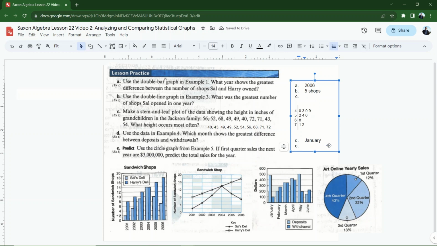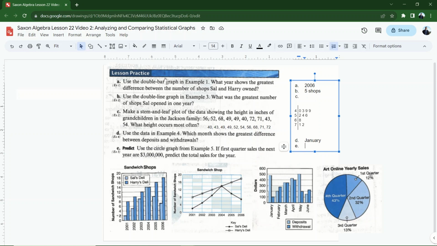And then lastly, this one's the hard one. Use the circle graph from example 5, this graph right here. If the first quarter sales the next year are $3 million, predict the sales for the year. Well, only 12% of the sales are in the first quarter.